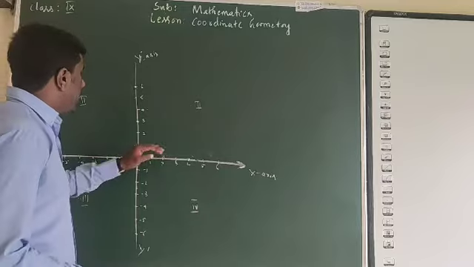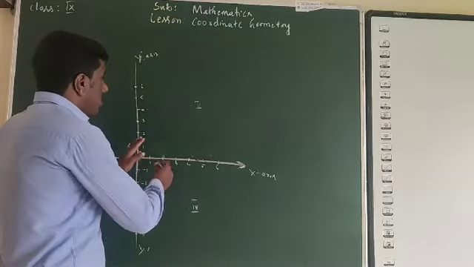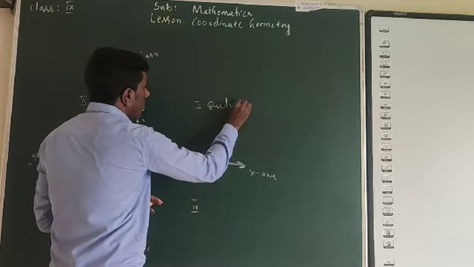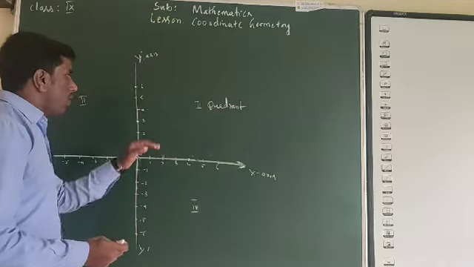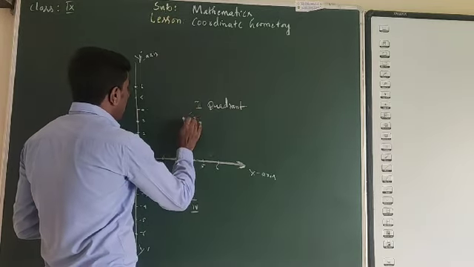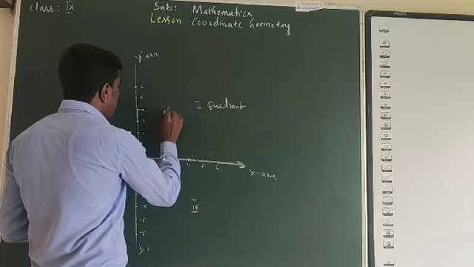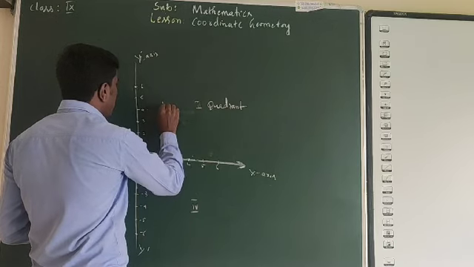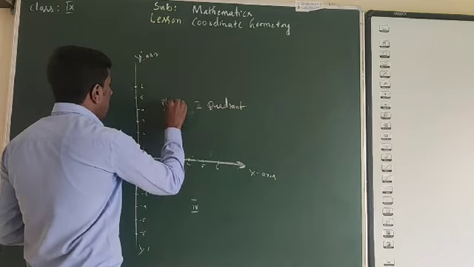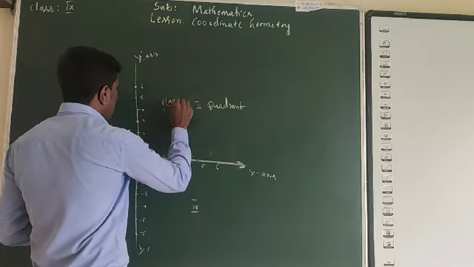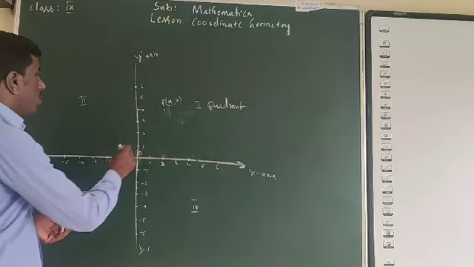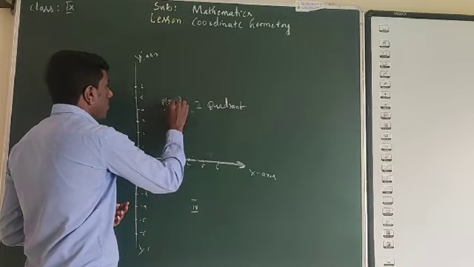Okay, so now this is the first quadrant. Now you have observed that the point we have taken is P of 2, 4.